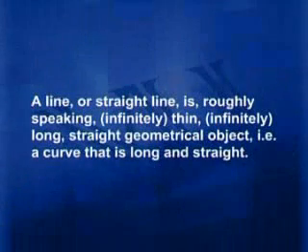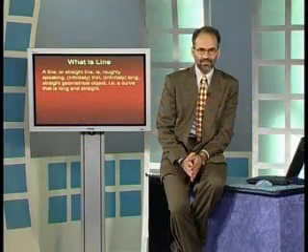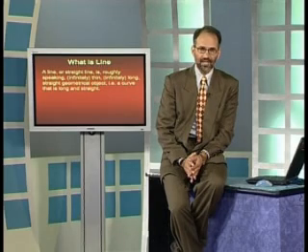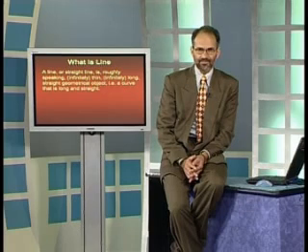Before that, let's define a line. In general, a collection of multiple pixels is a straight line. But theoretically, we can define a straight line to be, roughly speaking, an infinitely thin, infinitely long, straight geometrical object. When we say infinitely thin, of course nothing can be infinitely thin, but it tends to that to the extent possible.